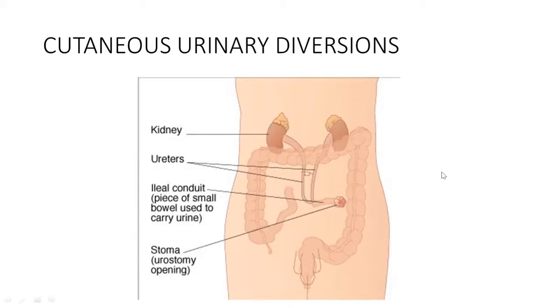In some cases, ureters may be placed directly to the skin of the abdominal wall without creating such a conduit. In this case, we call it a direct ureterostomy.